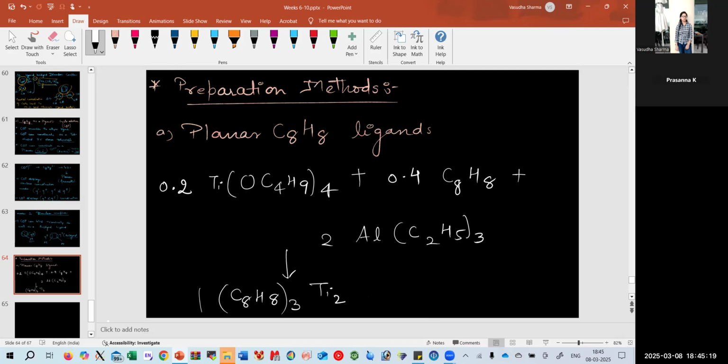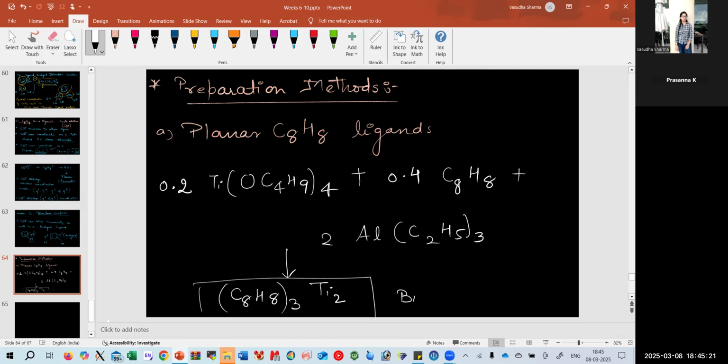That means it's a binuclear system, if we have this kind of stoichiometric ratio.